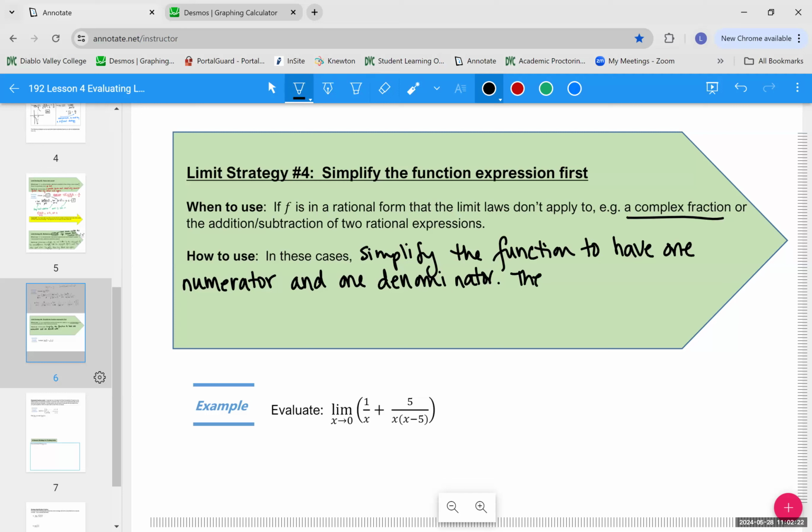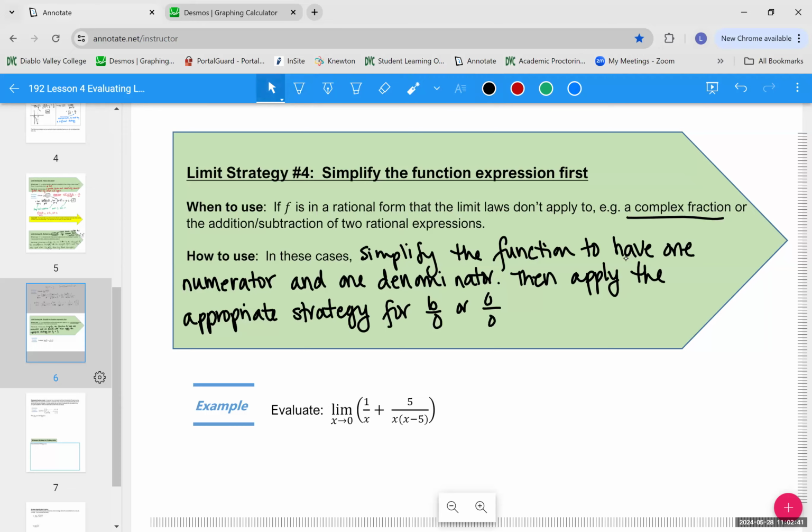Then apply the appropriate strategy. And that will be for either b over 0 or 0 over 0, depending on what you have.